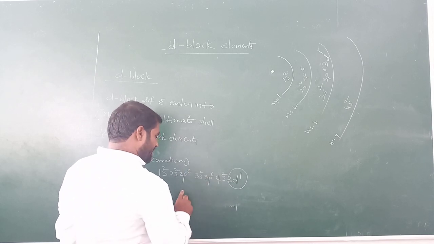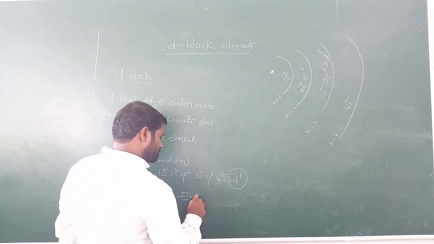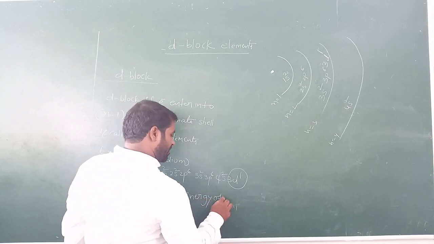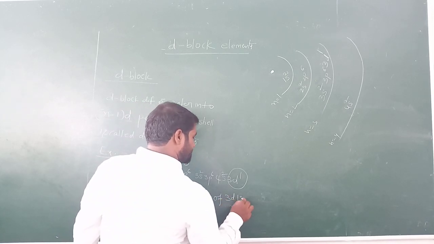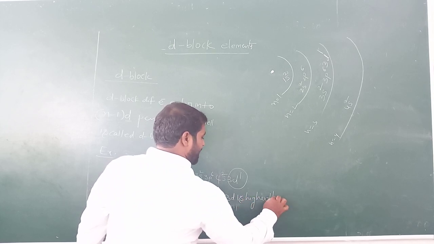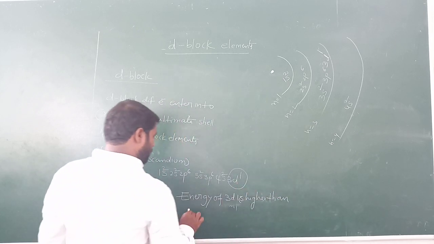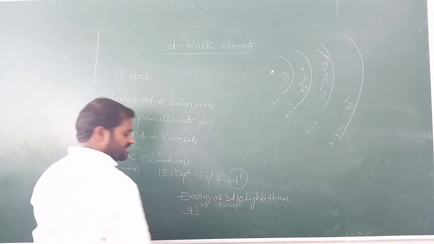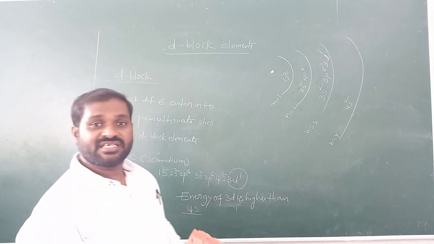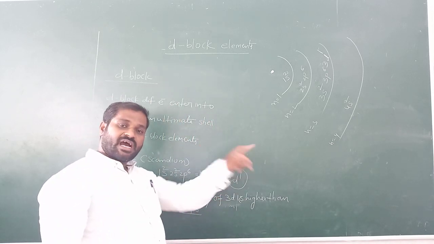That means the energy of 3d is higher than 4s. Am I right? 4s. So electrons first enter into the lower energy orbital, then go for the higher energy orbital.